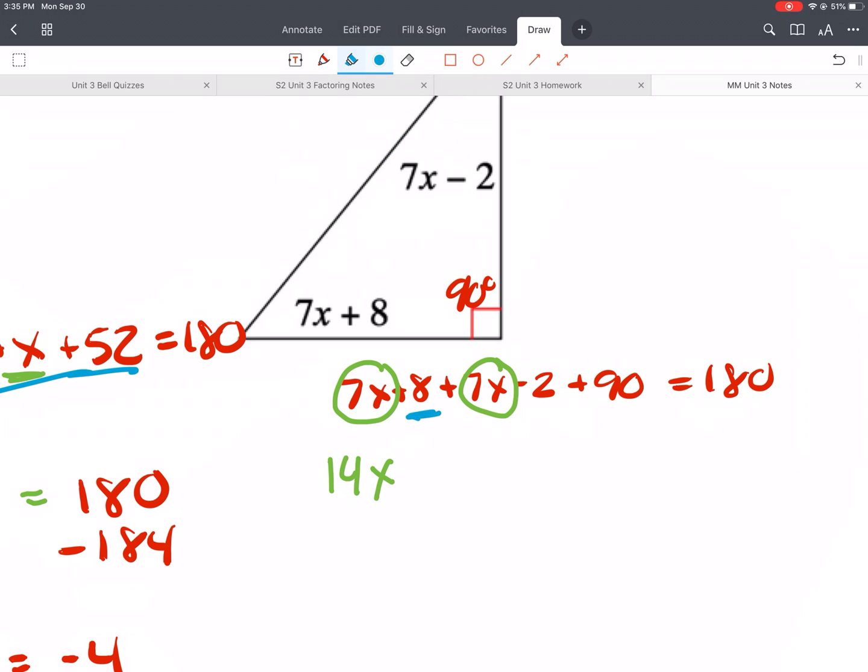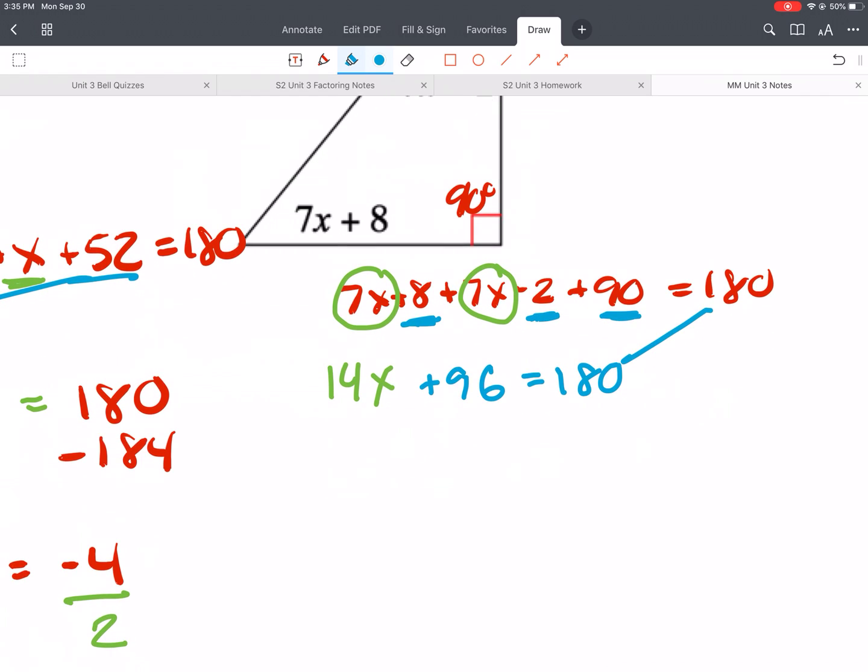And then we'll combine all of the constants. So 8 minus 2 gives us 6. And 6 plus 90 gives us 96 equals 180. Okay. And then we could subtract 96 from both sides and end up getting 84 equals 14x.